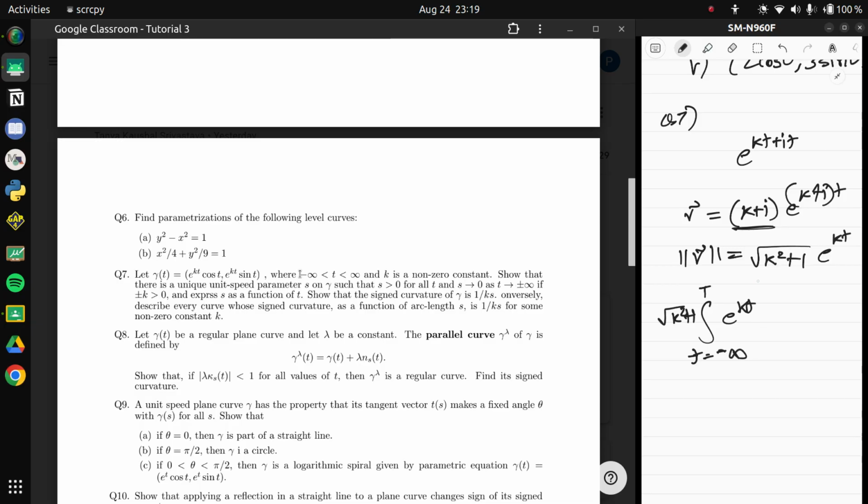Let's call that t dash. That's probably the better thing to do. So this would just be square root of k square plus 1 upon k and e power kt, because at negative infinity this is like 0. So yeah, that's what s is.